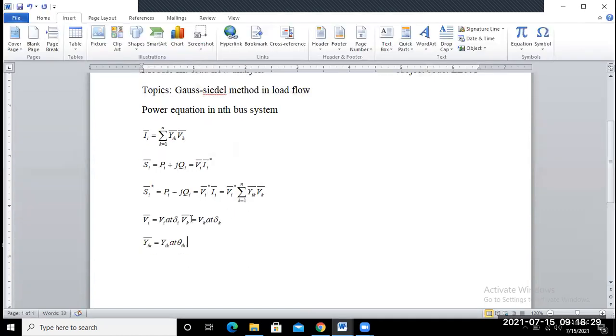Now if you put all these parameters in this equation, then we can write the complex power injected.